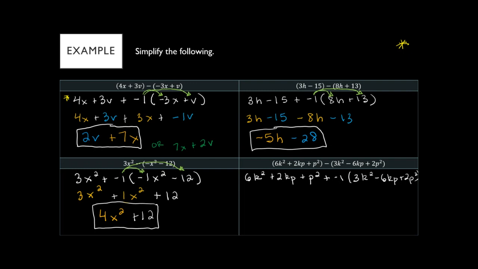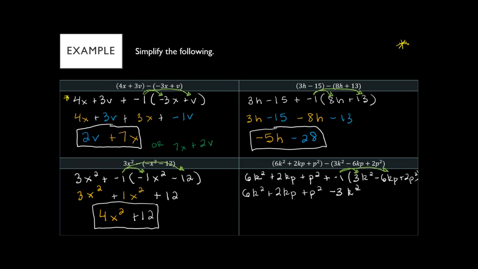So first we need to distribute, but I'm going to just rewrite everything on the left before the distributing because that is not changing. And then I've got a -1 times 3k squared. So a -1 times 3 is going to be a -3, and then I've got k squared.